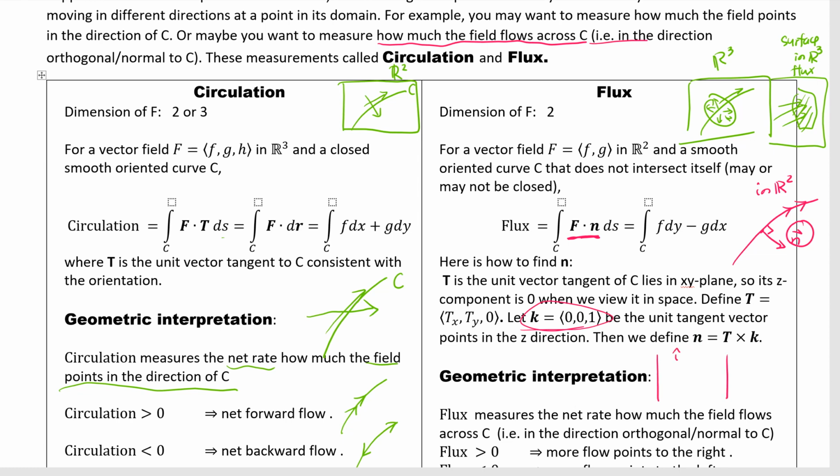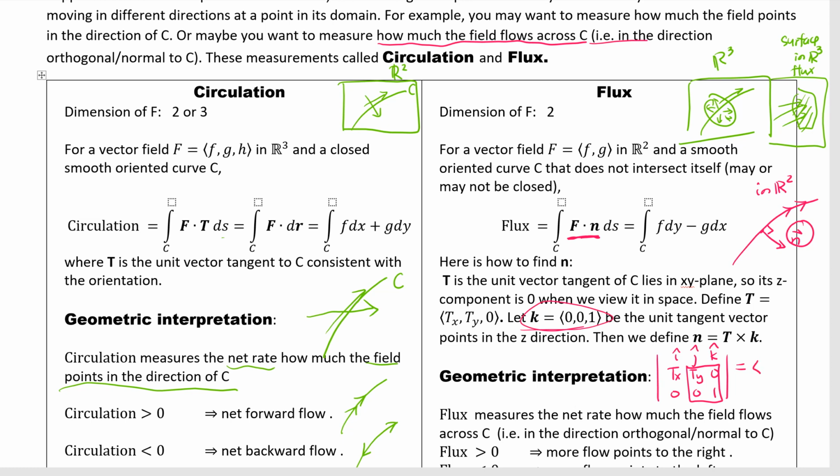We have i, j, k, right? T is tx, ty, 0, and then k is 0, 0, 1, right? So we have i, and then we look at the minor of this submatrix, the determinant of this submatrix.